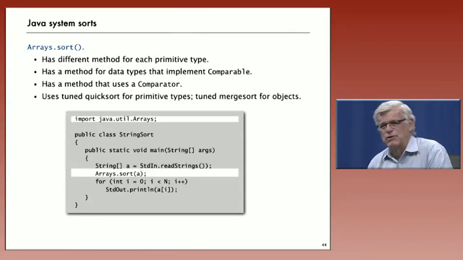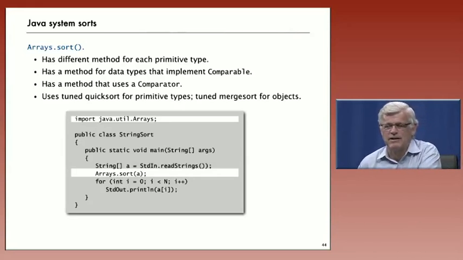Java has a method called Arrays.sort, and it's intended to be a general purpose sorting method for use by Java programmers. Now that you have some understanding of the classic methods, you can have a better idea of why Arrays.sort is the way that it is.